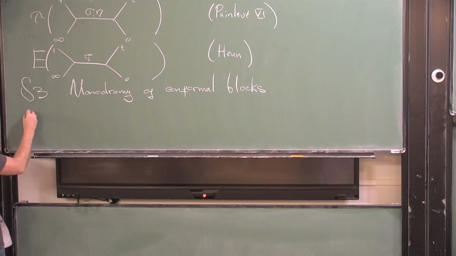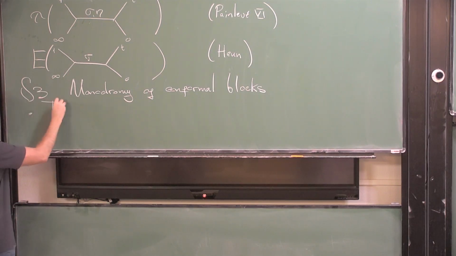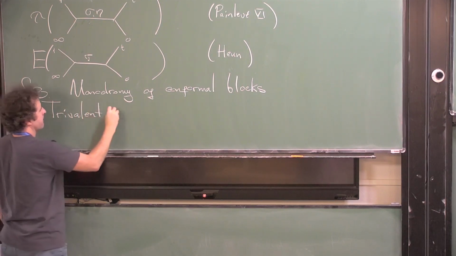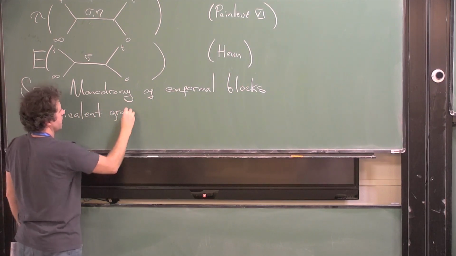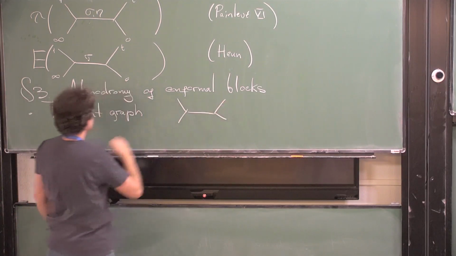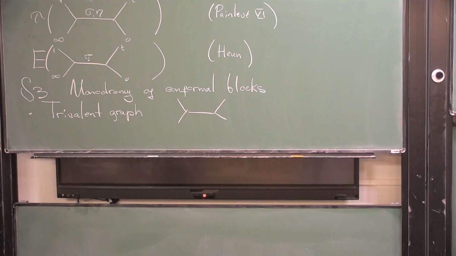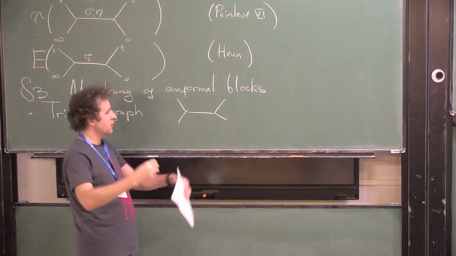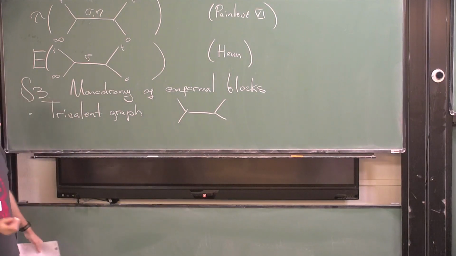So we need a trivalent graph, like this one. So this graph represents a particular pants decomposition of the punctured sphere that we have.